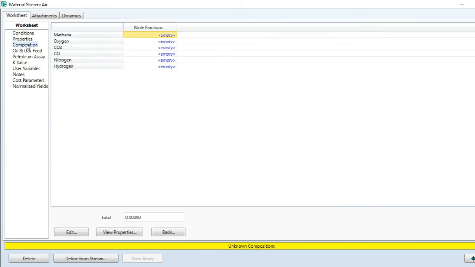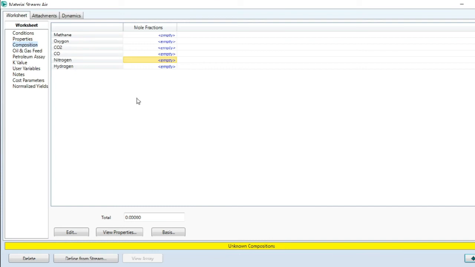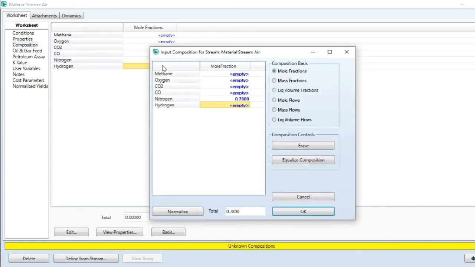Also, the composition for air: nitrogen 0.78, then oxygen 0.22.